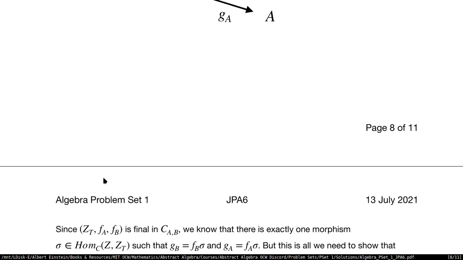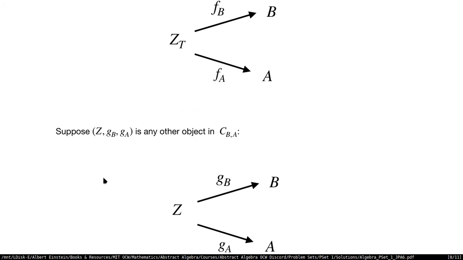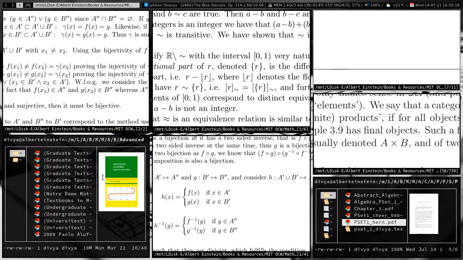And this is what he did. That makes sense, of course. I think this makes it clear that when you're talking about products in categories, unless stated, you're not talking about the Cartesian product.